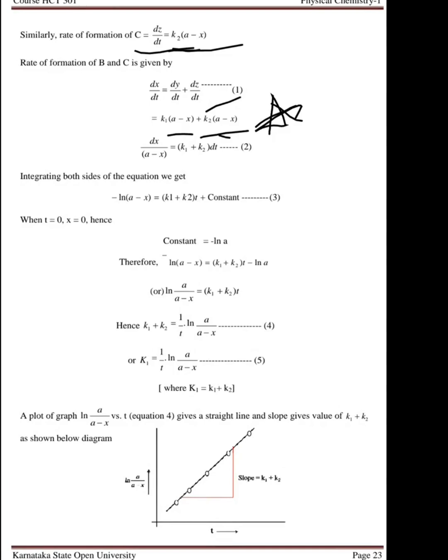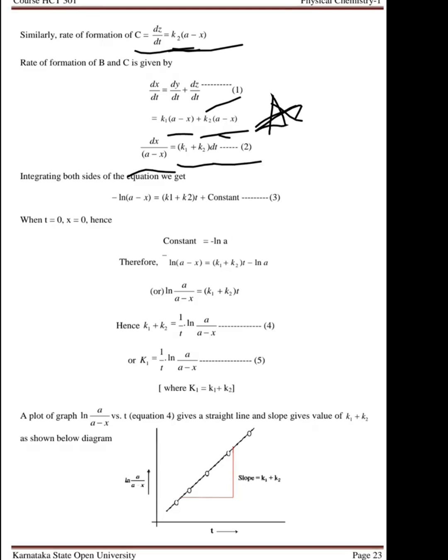Further, taking A minus X common and taking it on the left hand side, we can write it as dx by A minus X equals K1 plus K2 into dt. This is equation 2.